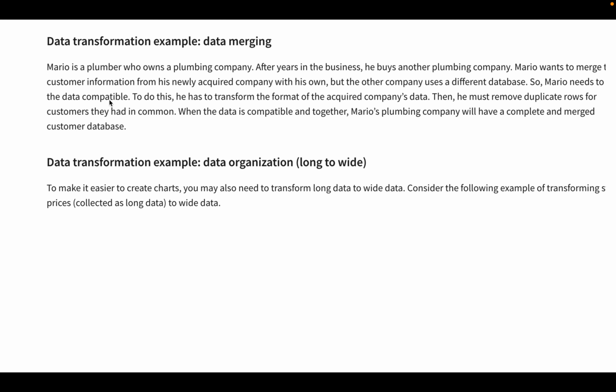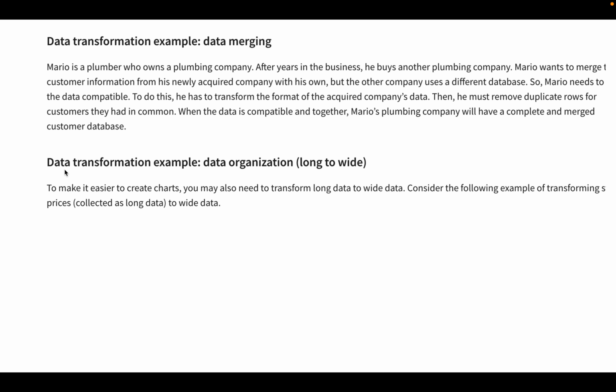It means a system can contain both datasets. To do this, he has to transform the format of the acquired company's data. Then he must remove duplicate rows for customers they had in common. You have to keep the data neat, right? When the data is compatible and together, Mario's plumbing company will have a complete and merged customer database.